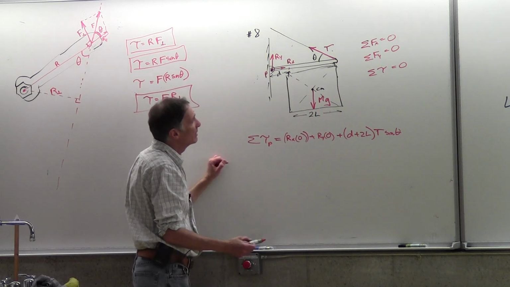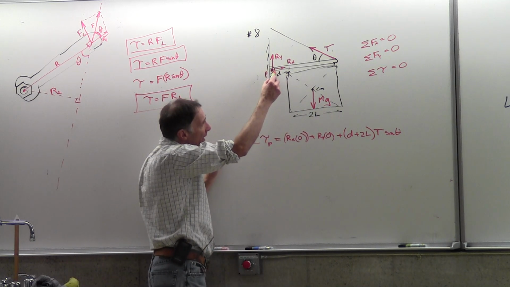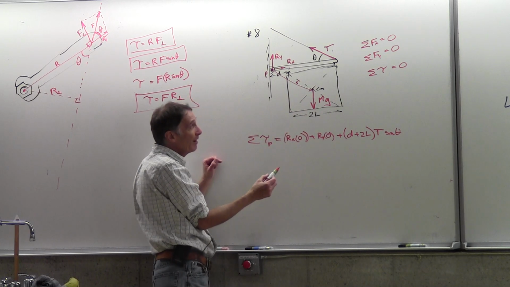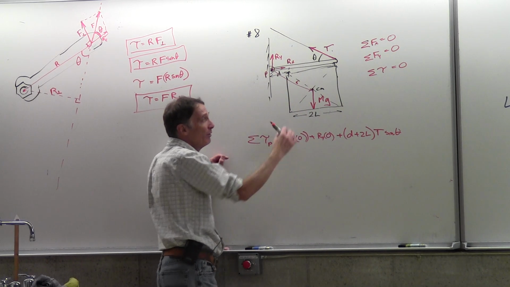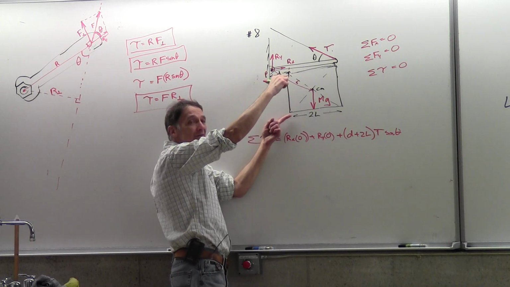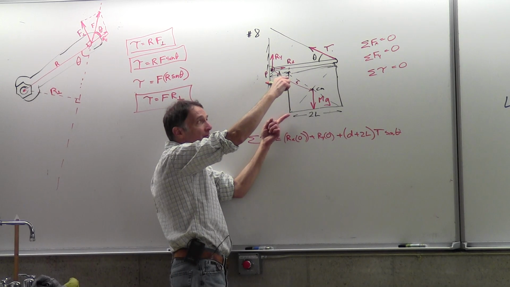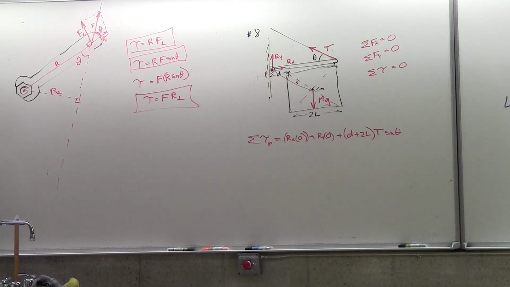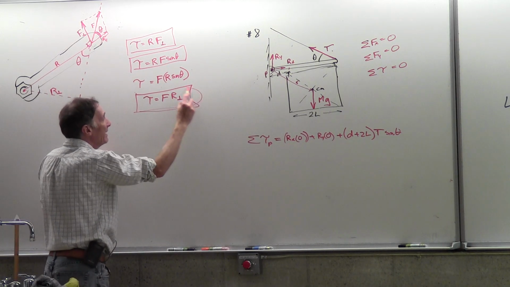mg, now what am I going to do for that? If I say this is R, can I get R? I don't know the height of this sign, do I? So it looks like it could be a problem. But that's where you want to come back to this idea.